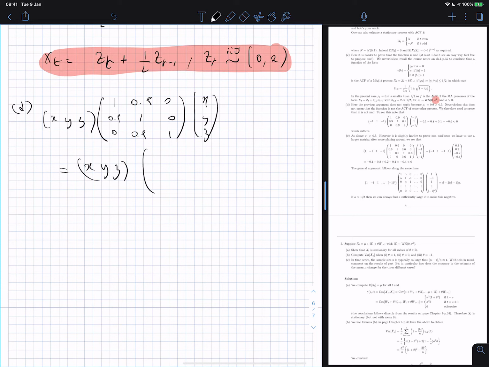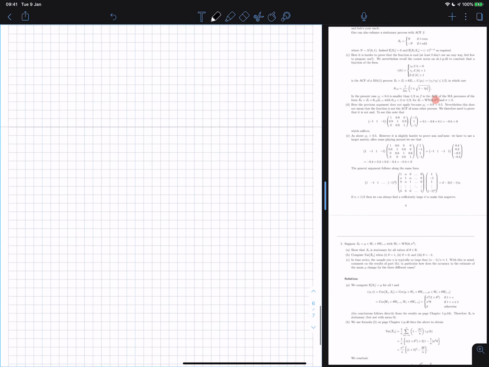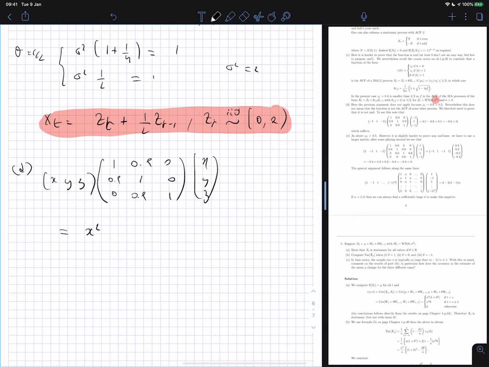So we have the quadratic form. I actually know what it's going to be: x squared plus y squared plus z squared plus twice 0.9 times (xy plus xz plus yz).